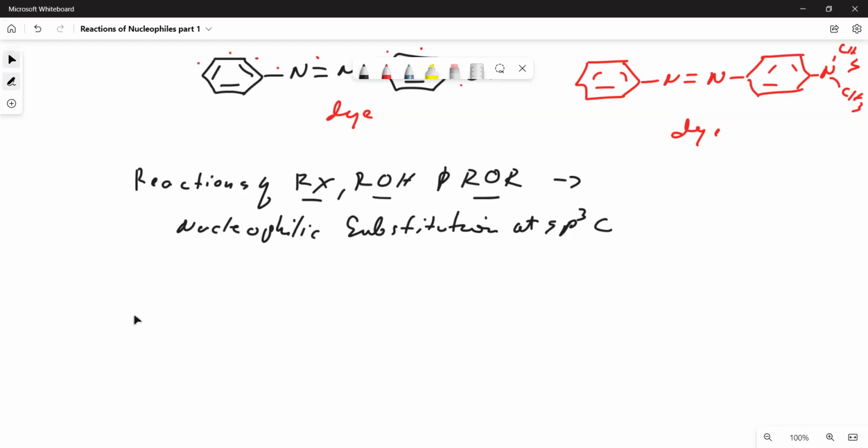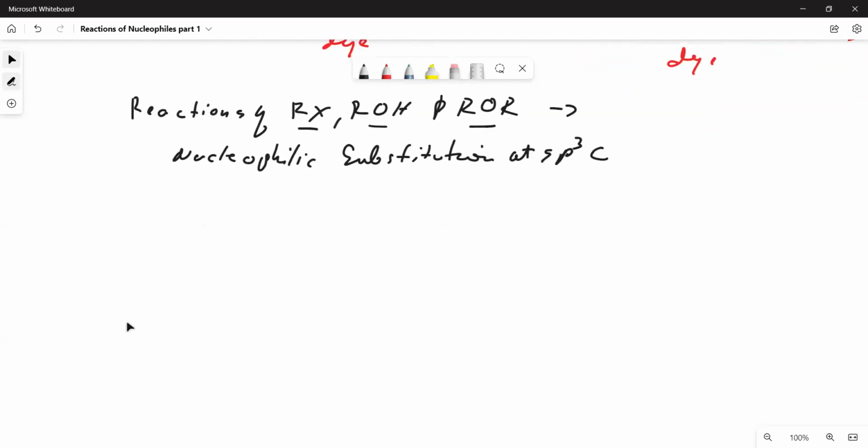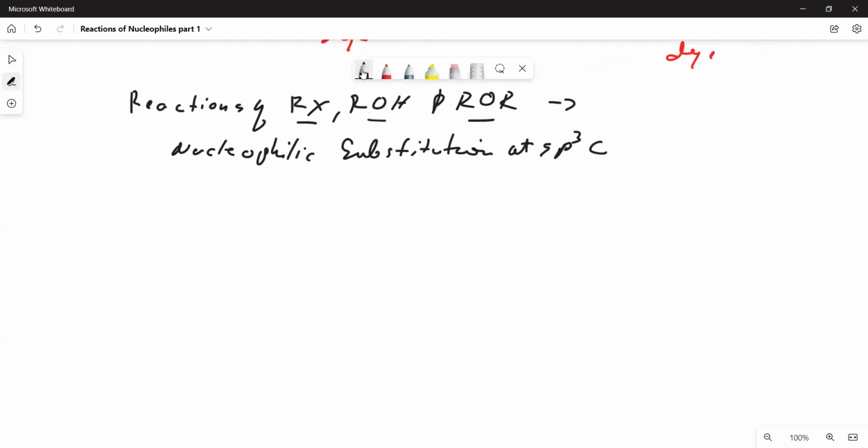For this reaction, the model is always the alkyl halides. We can classify alkyl halides as methyl halide like chloride, or as primary alkyl halide, like ethyl. This is primary because the carbon bearing the chlorine is attached only to one other carbon.